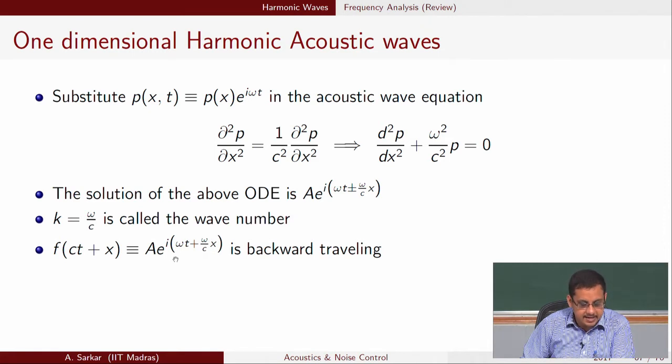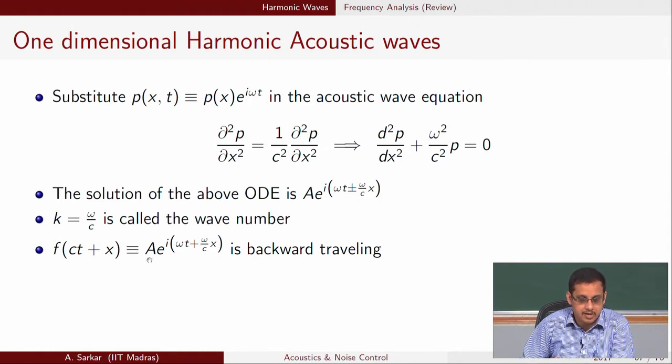So, we have exactly the same attribute here: the coefficient multiplying x can be identified to be omega by c and the coefficient multiplying t is identified as omega. Therefore, the coefficient multiplying t is c times the coefficient multiplying the variable x. So, f of c t plus x does conform to a functional form after invoking the harmonic assumption as A, where A is an undetermined constant.